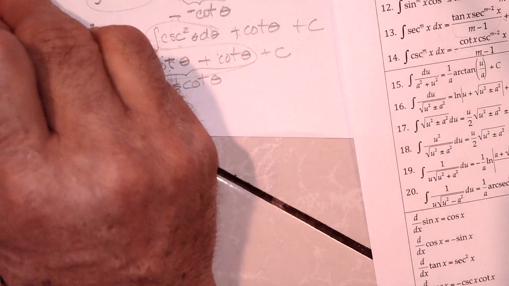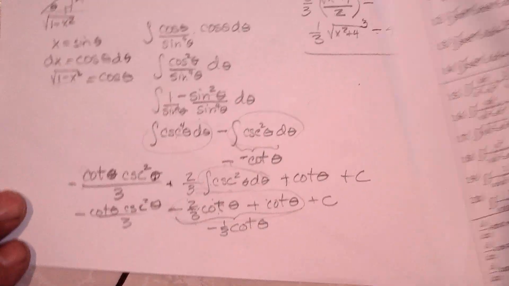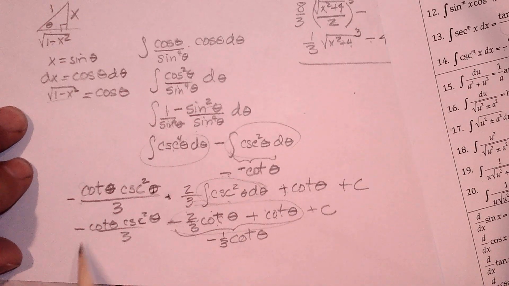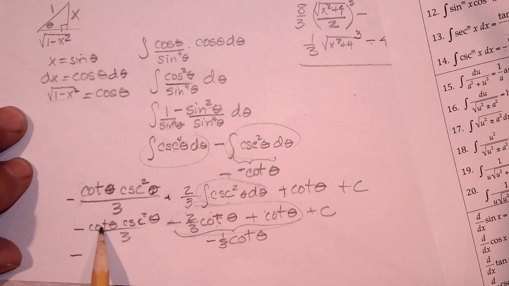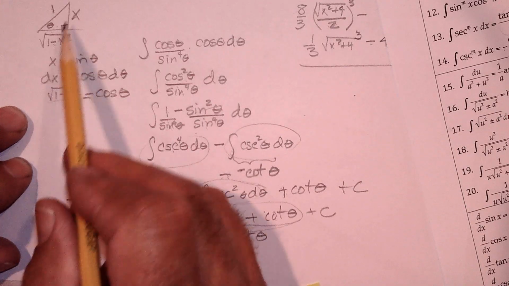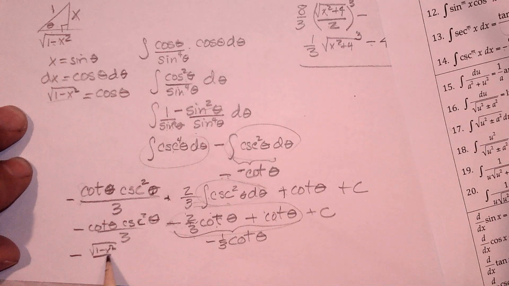So we got to get back to x's. So I need to use the triangle. See if I can get this where you can see it. So I need minus cotangent. So tangent's opposite over adjacent, so I got to do adjacent over opposite. Square root of 1 minus x squared over x.